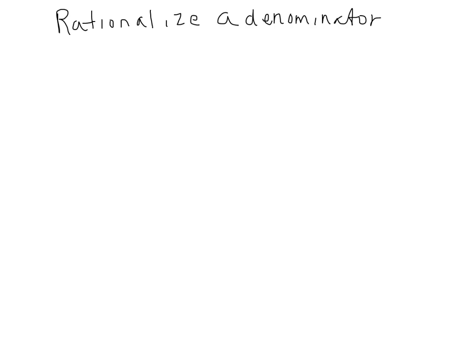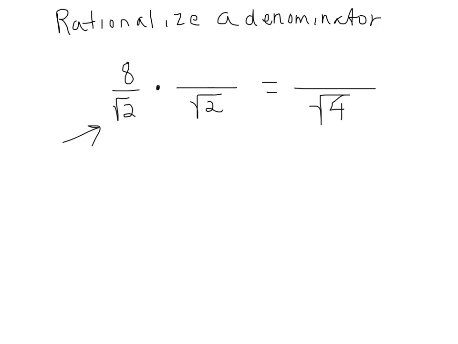Okay, so if I have 8 over the square root of 2, to rationalize a denominator means to get the radical out of the denominator. So if I multiply it by itself, then what I end up with is the square root of 4, which is 2.